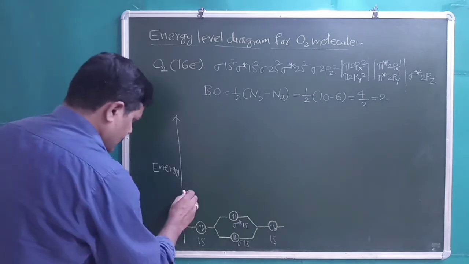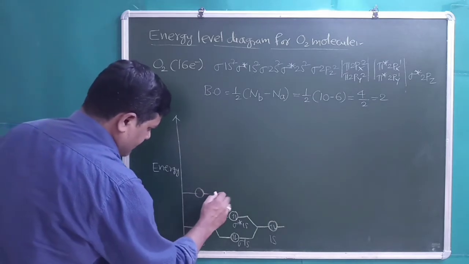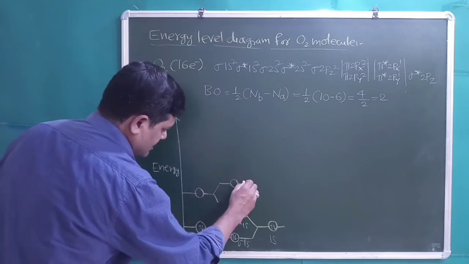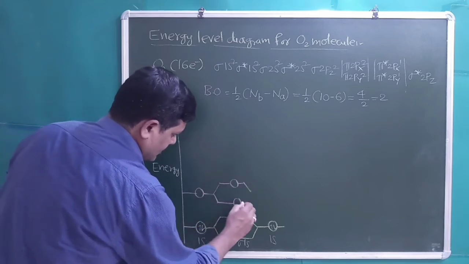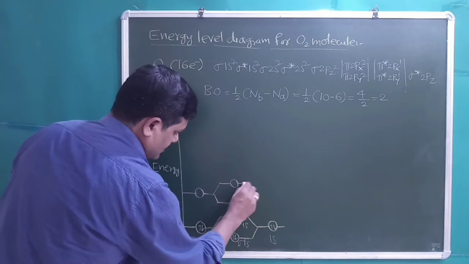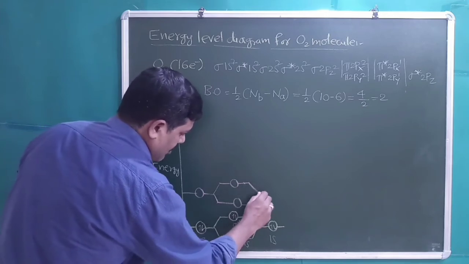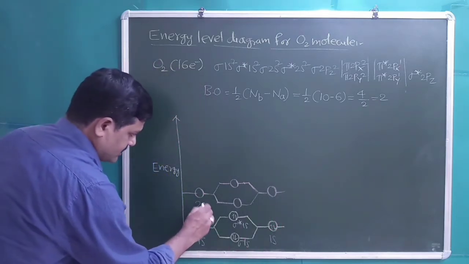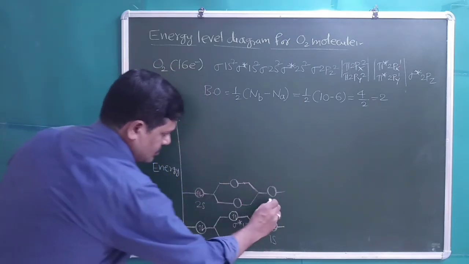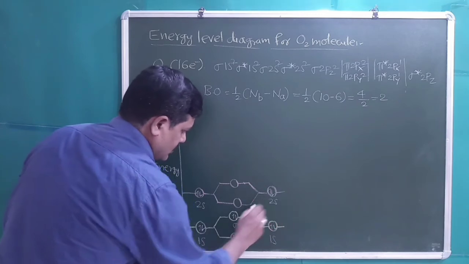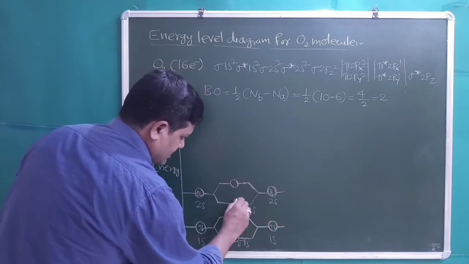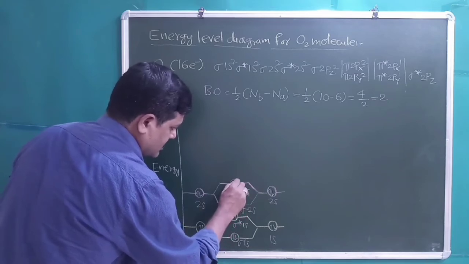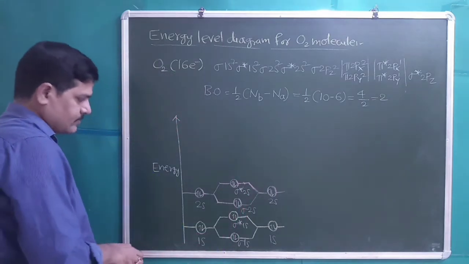Next level, the 2s orbital will combine with the 2s orbital of the other oxygen atom, which gives 2 molecular orbitals: sigma 2s, which has 2 electrons, and sigma star 2s, which is also having 2 electrons.